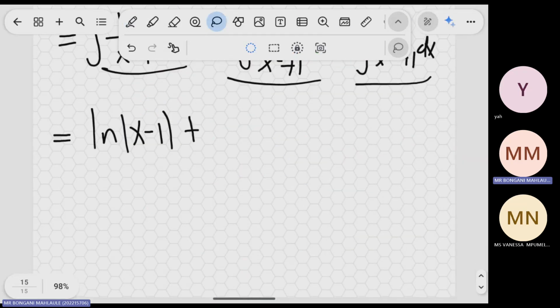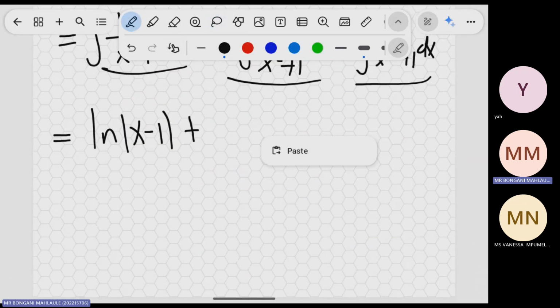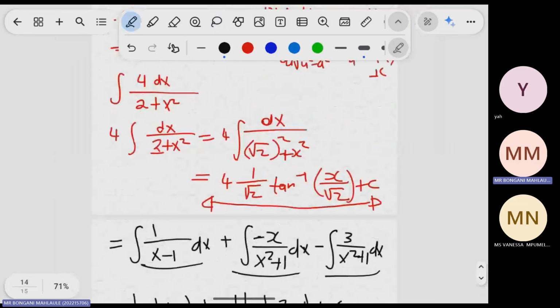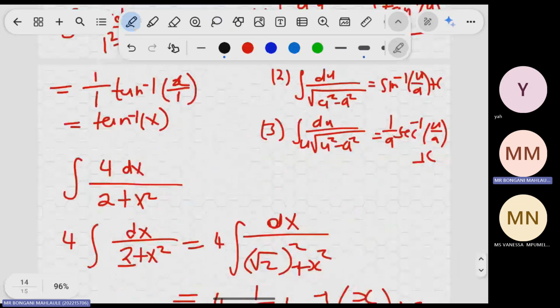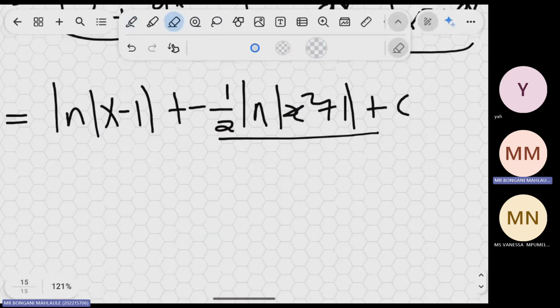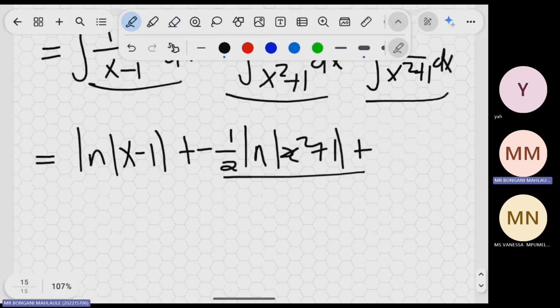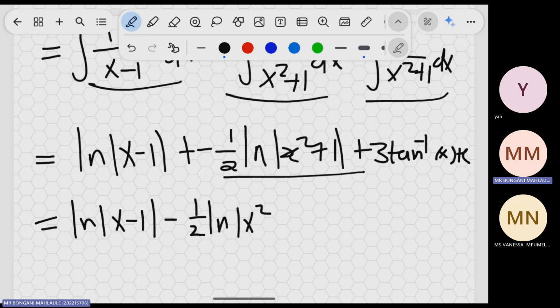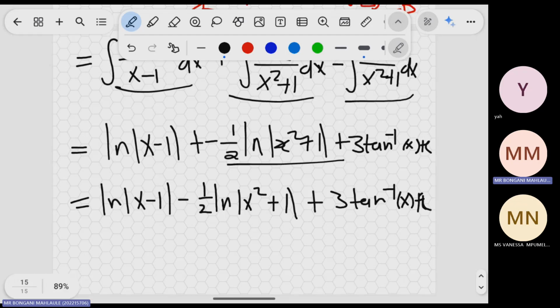It's already found. This one is negative. And the last one is 3 arctan x plus c. So our final answer will just be like this, plus c. Guys, are you still fine?